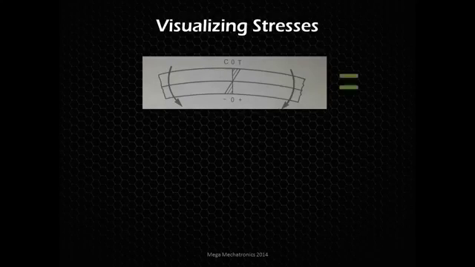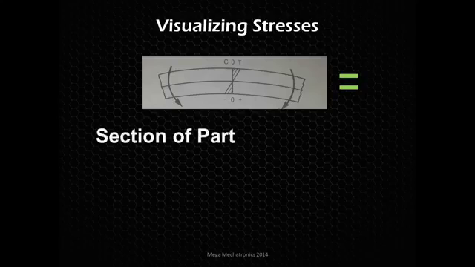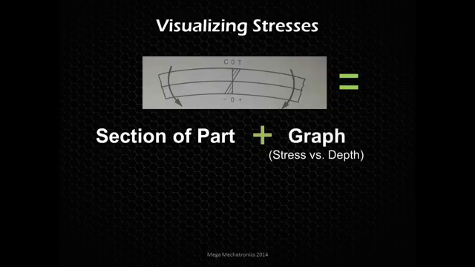This is the section of a part, so physically how that part looks, plus a graph that's integrated into that, a physical layout of the graph within the physical layout. So the graph actually corresponds to the physical shape of that part.